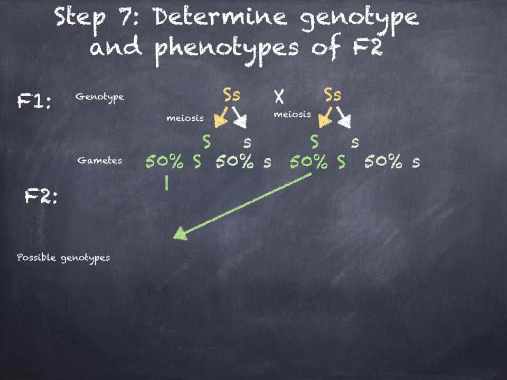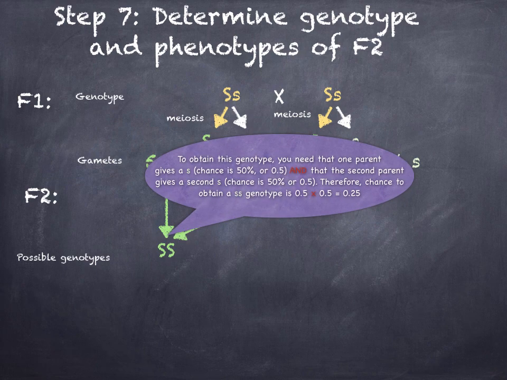Either you will have the two gametes carrying the solid allele that will go together, so it will create a big S big S genotype. In fact, if you count the chances to obtain this genotype, you just have to remember that in order to obtain it, one parent gives a big S, the chance is 50%, and the second parent also gives a big S, the chance is again 50%, because the first condition and the second condition are both needed to obtain this genotype.